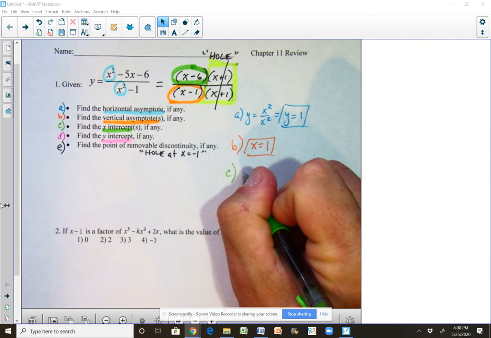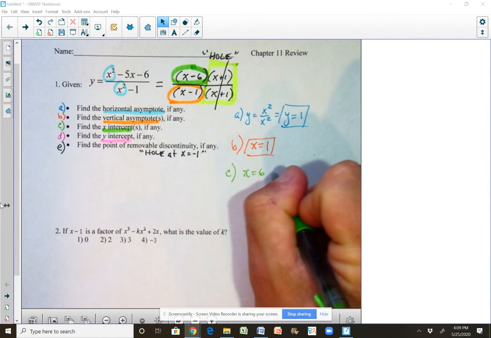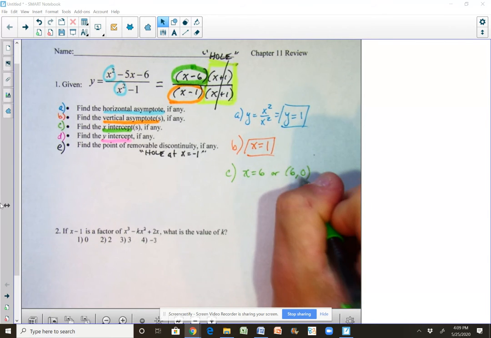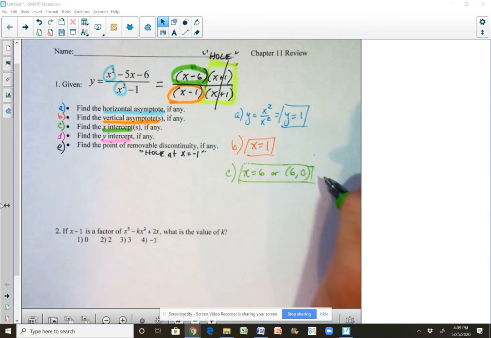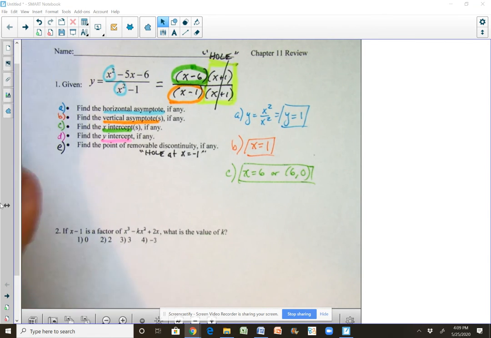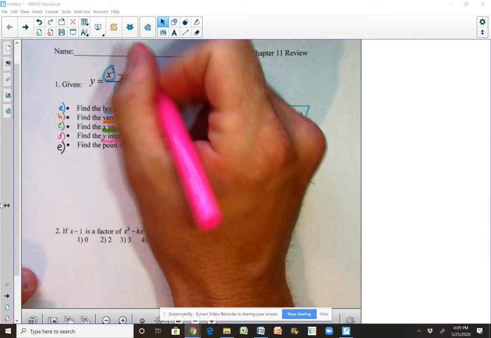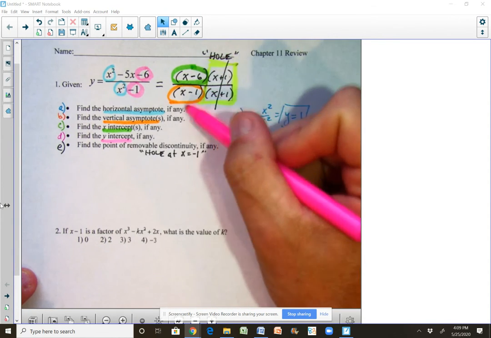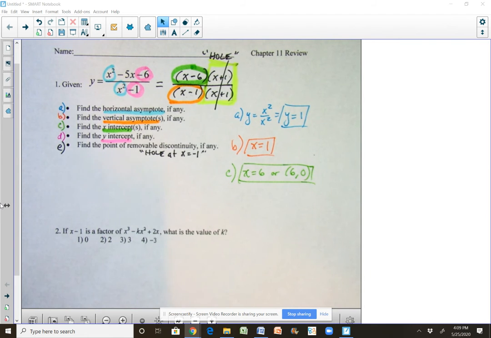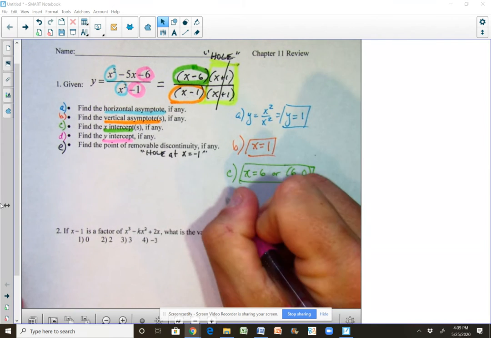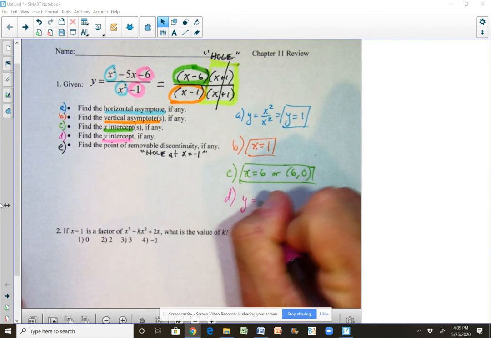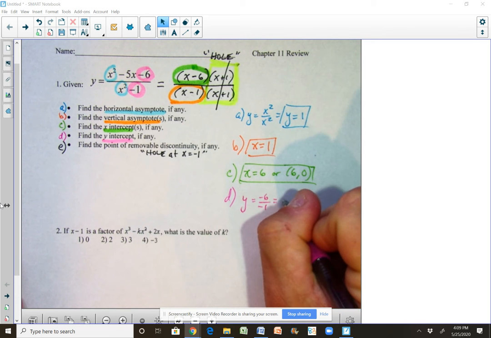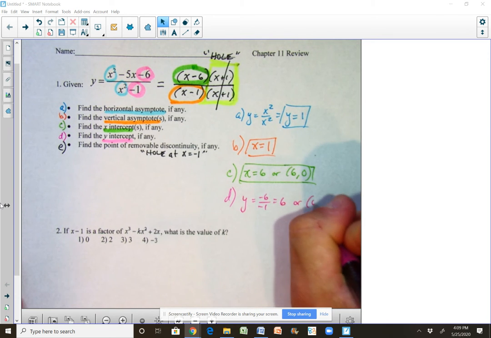So for part C, it's going to turn out to be x equals 6, or you can write 6, 0. So that's your x-intercept. And then the y-intercept, the last one down there, that's in standard form is easiest, or you could just plug in 0 for x and work it out that way. And so in that case, we see that y is going to equal negative 6 over negative 1, or just positive 6. So that means it's 0, 6.